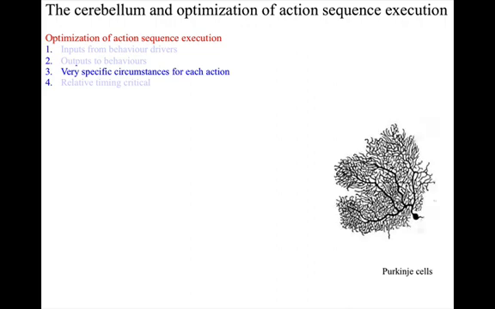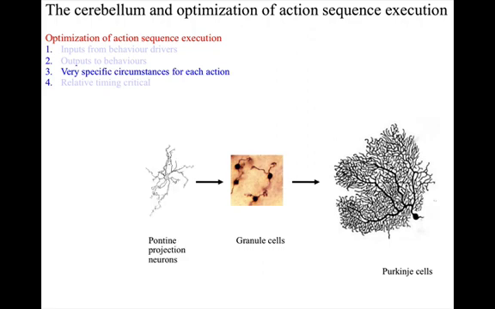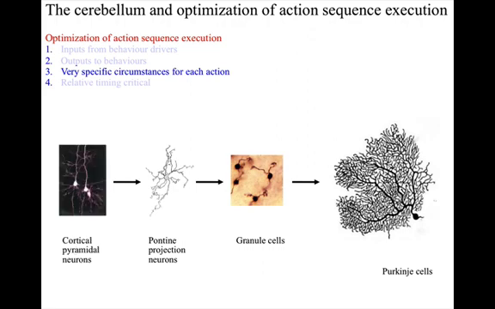Purkinje cells are very large neurons that are unique to the cerebellar cortex. One Purkinje has inputs from between 100 and 200,000 granule cells, and of course there's about 50 billion granule cells, 10 times the number of pyramidal neurons in the whole cerebral cortex. One granule cell in the cerebellar cortex only has about 4 inputs from the pons, but one pontine neuron has thousands of inputs from the cortex.